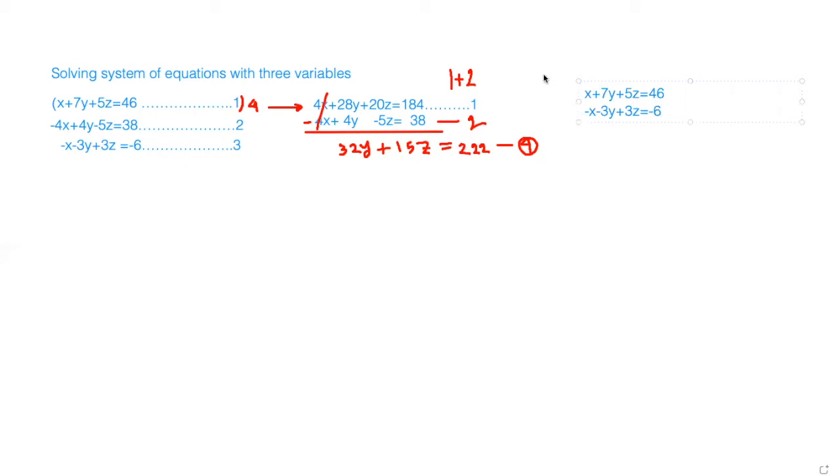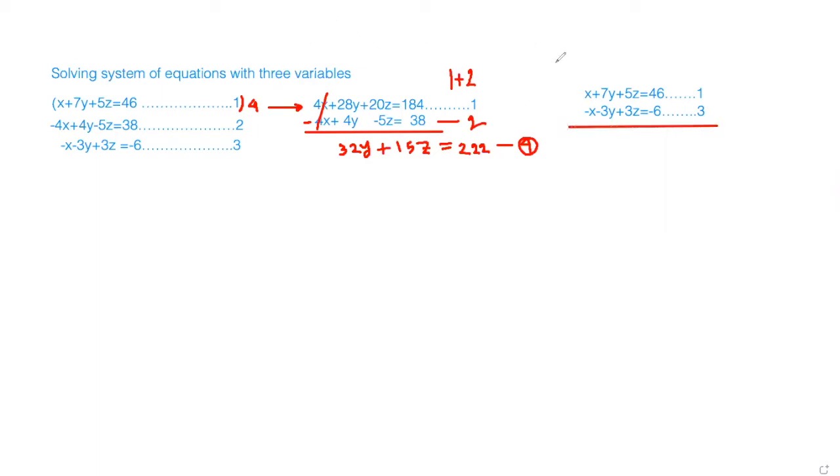So if we add these two equations, let me write down the equation numbers. This is 3 and the other one is 1. So here x and x cancel.